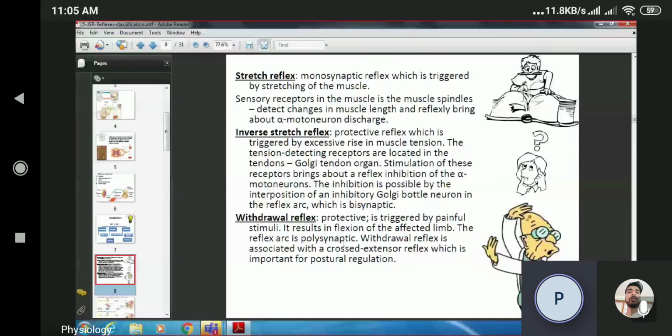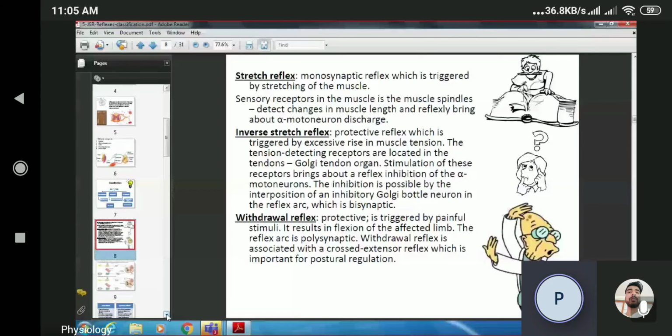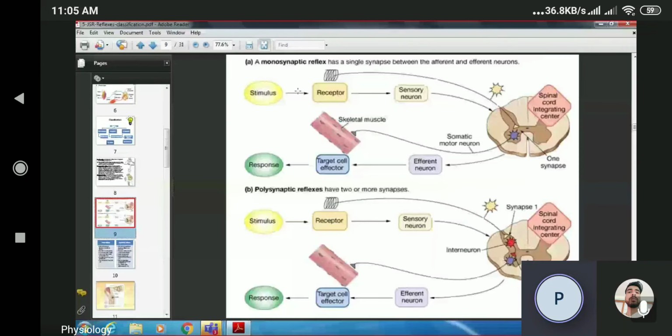Let's see. This is the picture for monosynaptic reflex, and the lower one is the picture for polysynaptic reflex. The first one, monosynaptic reflex, has a single synapse between the afferent and the efferent neuron. Please see here, this is one synapse.